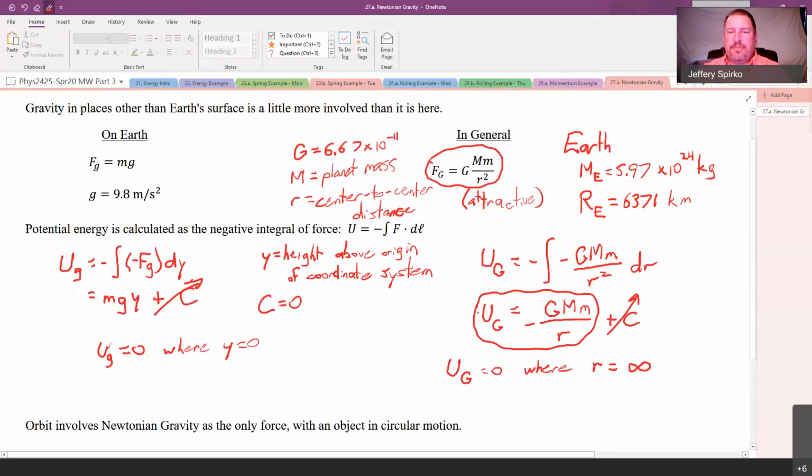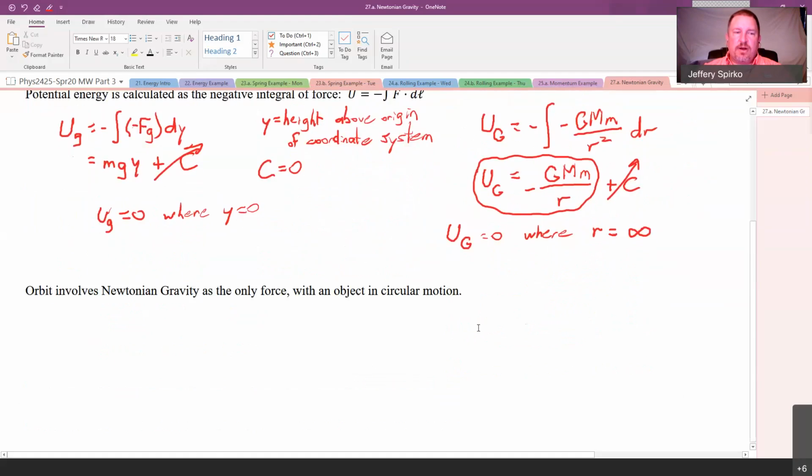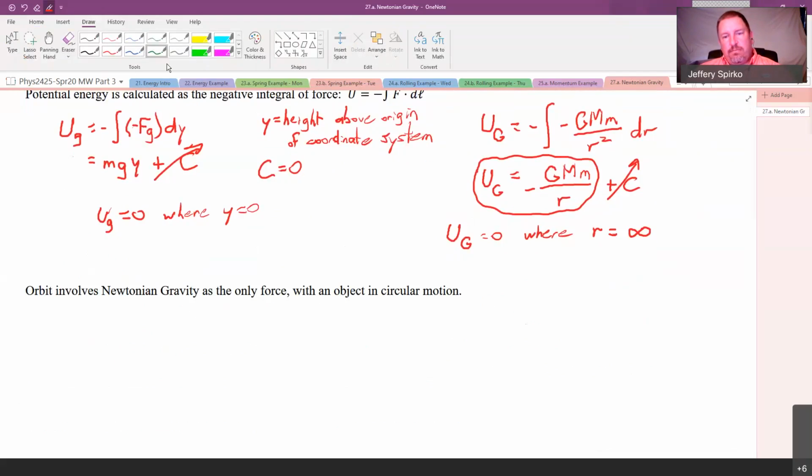Oh, we have one more thing to worry about, and that is the idea of an orbit. And with an orbit, we basically have our planet. So I'm going to try to draw the Earth. There is a wonderful circle.